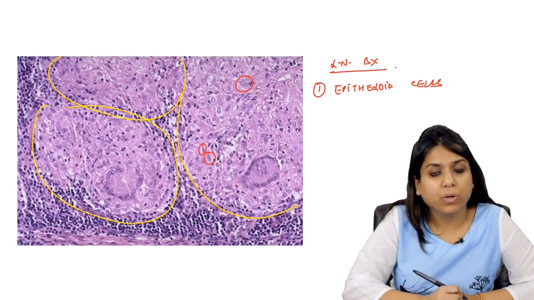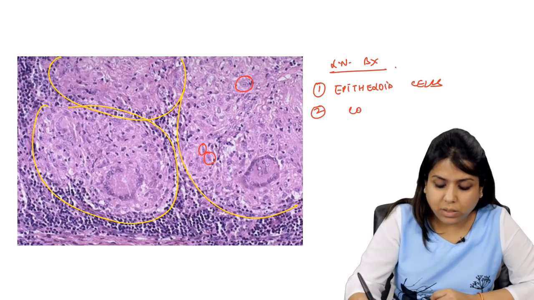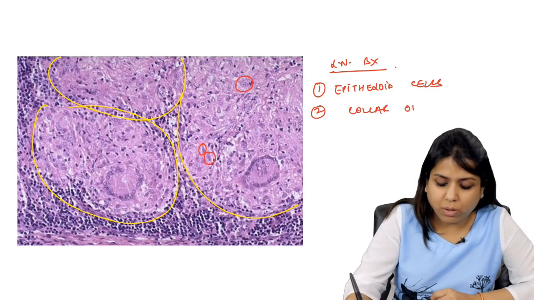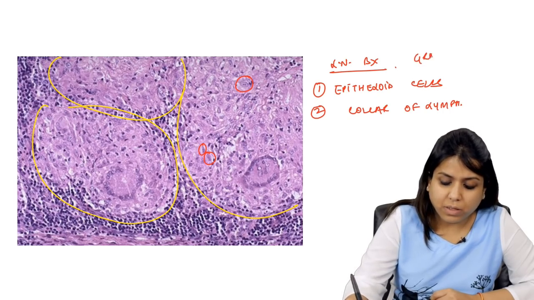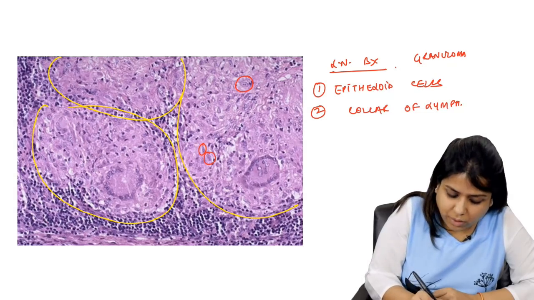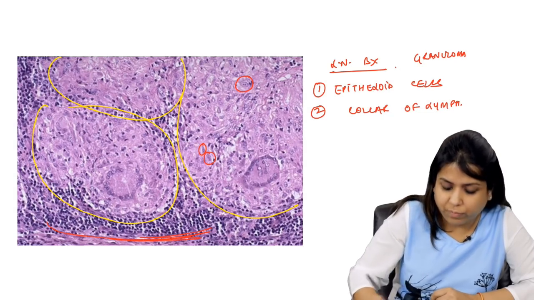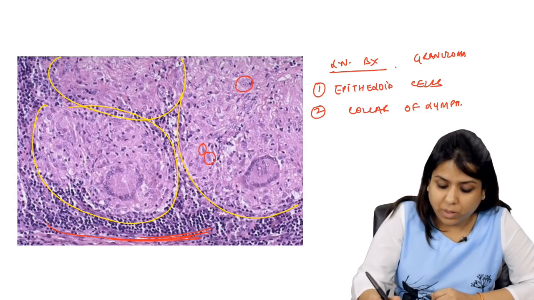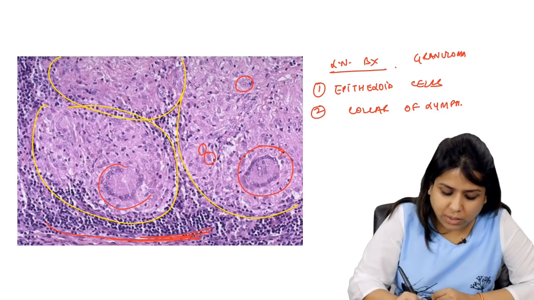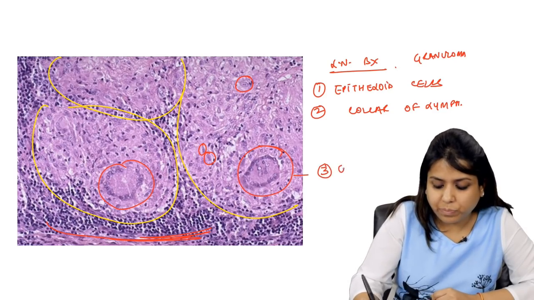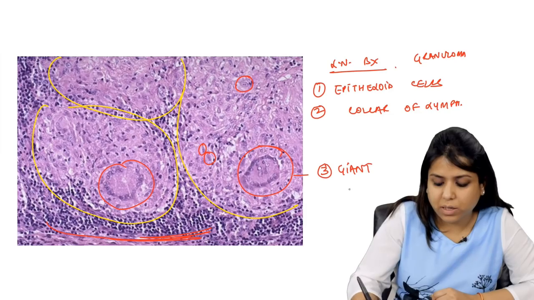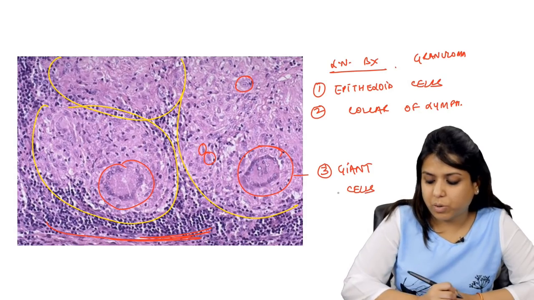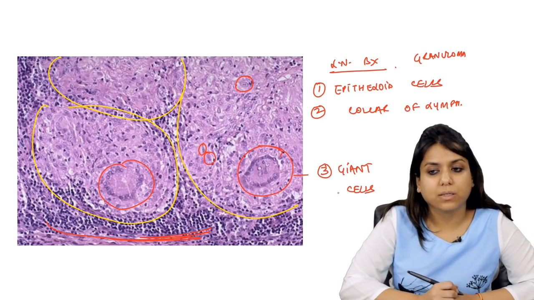They are surrounded by a collar of lymphocytes, and sometimes there are giant cells. These are the giant cells which are a component of a granuloma.